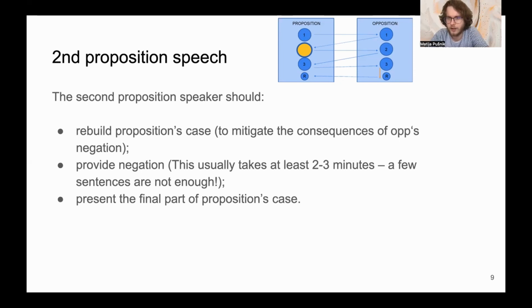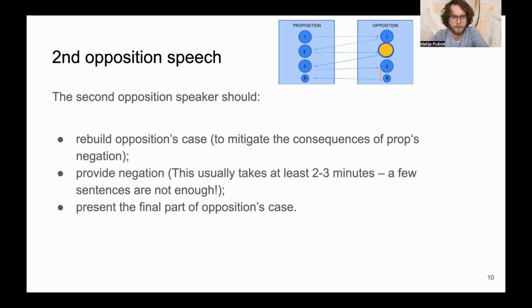However, usually what they do is they only present one, right? And the reason why is that they can only have enough time for one.